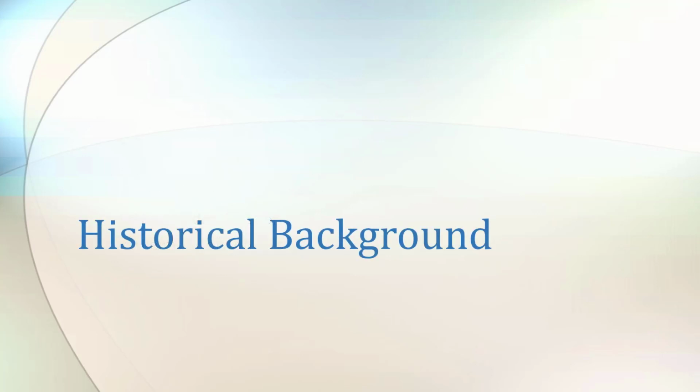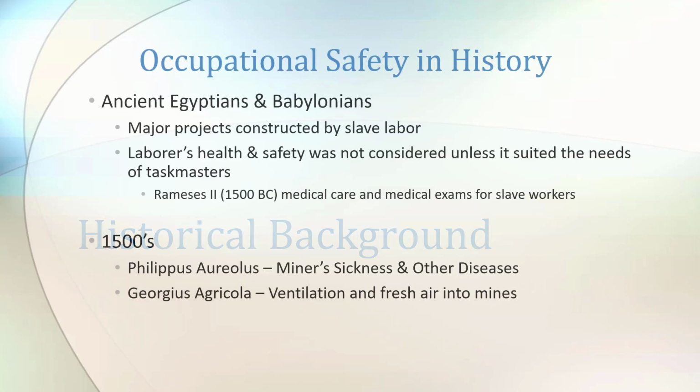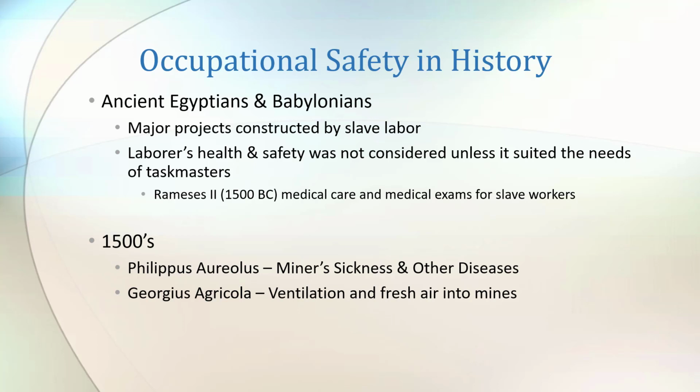First, we're going to start with the historical background of safety and how it came about. So, occupational safety has really been around since the beginning of time. The ancient Egyptians and Babylonians, as you can see, used slave labor for most of their construction projects.